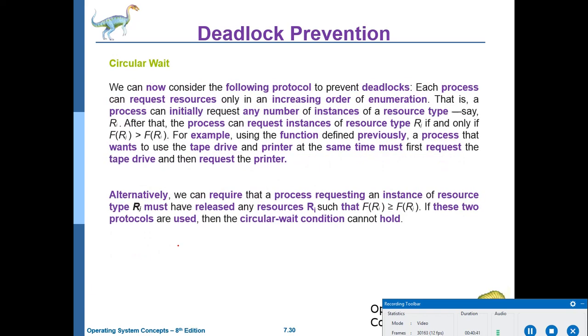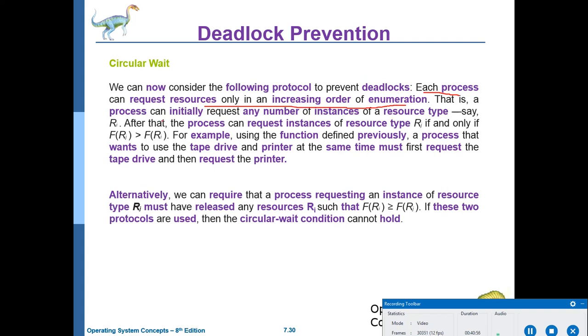Now, for circular wait, we can consider the following protocol to prevent deadlock. What is the protocol, or the bottom line here? Each process requests resources only in an increasing order of enumeration.